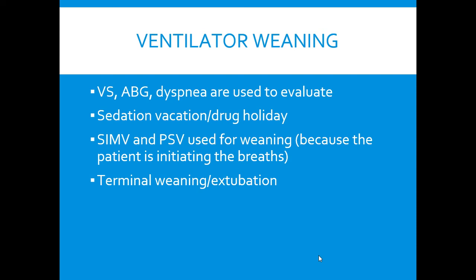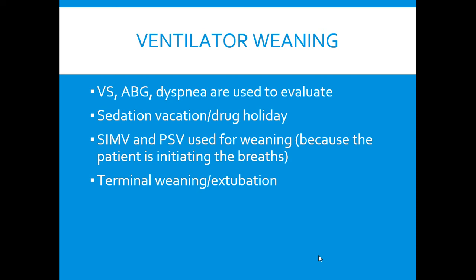I told you about the sedation or a spontaneous breathing trial, and we'll do a sedation vacation or a drug holiday. So, we'll wean them off of the sedation to the point that they're awake enough to do the breathing on their own. And we'll see how they do. We'll try to give them minimal or no ventilator support.